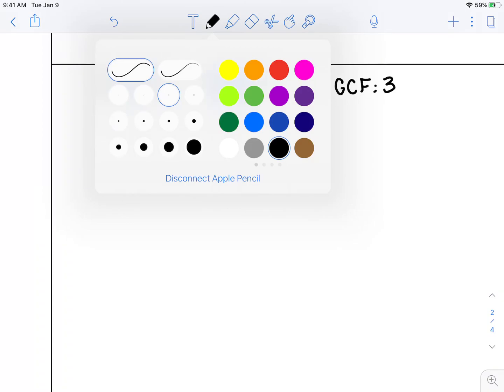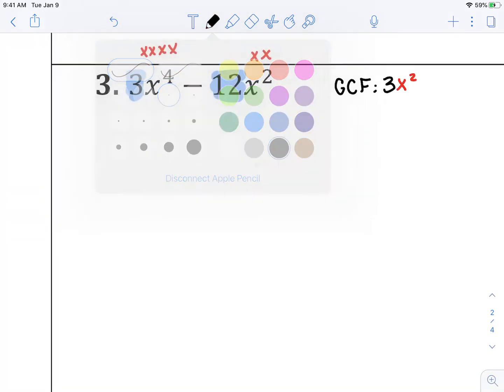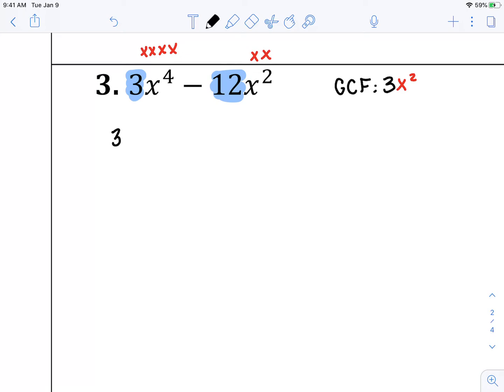And then the number of x's, this one has 4, this one has 2, so they share x squared. So that is what I'm going to be factoring out. So 3x squared, 3 divided by 3 is 1, and I take 2 of those away, so that's x squared. And then 12 divided by 3 is 4, and I take both of those x's out.